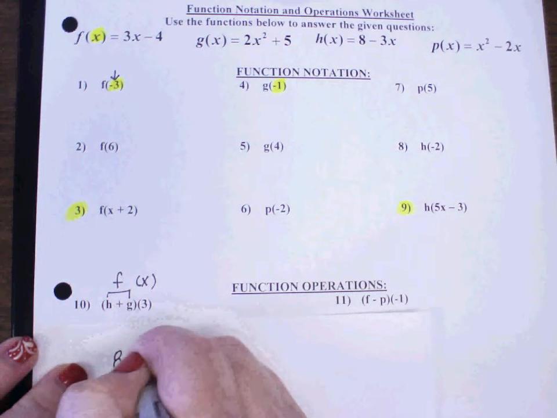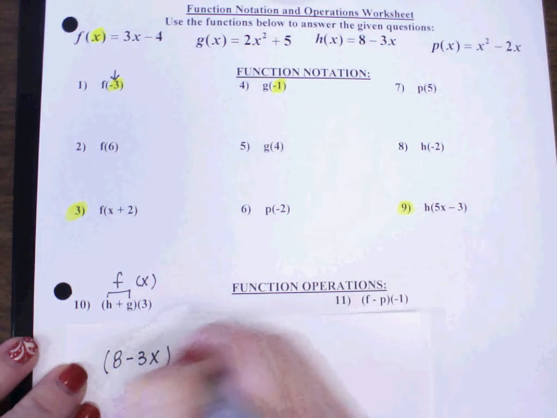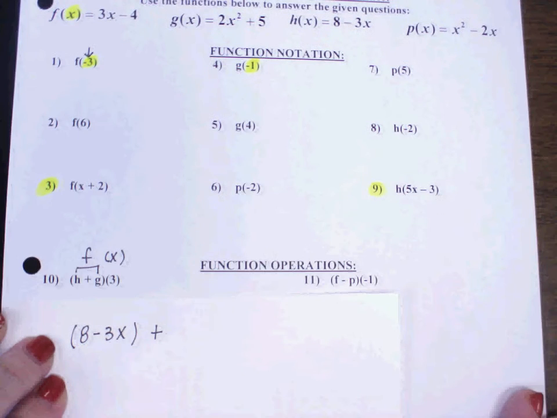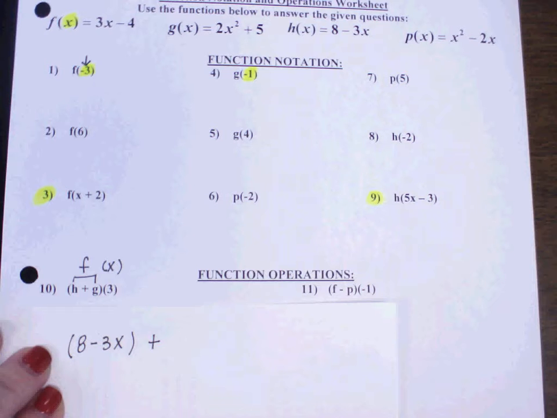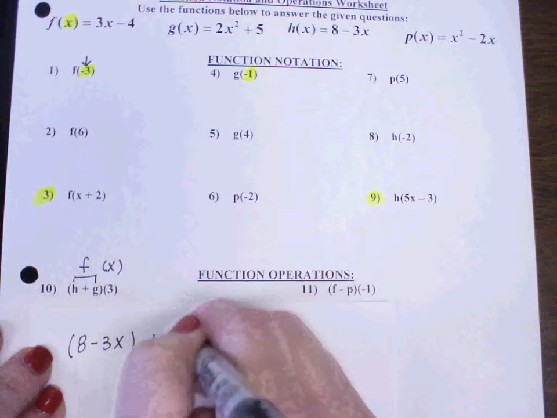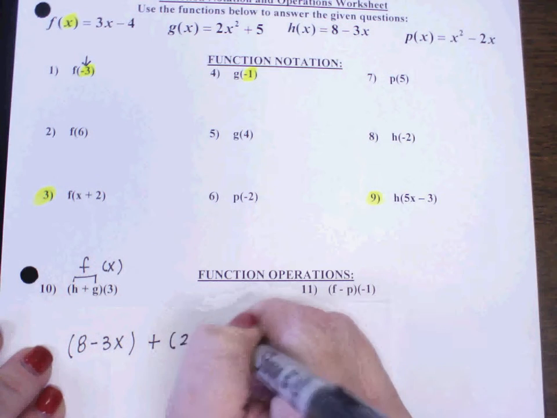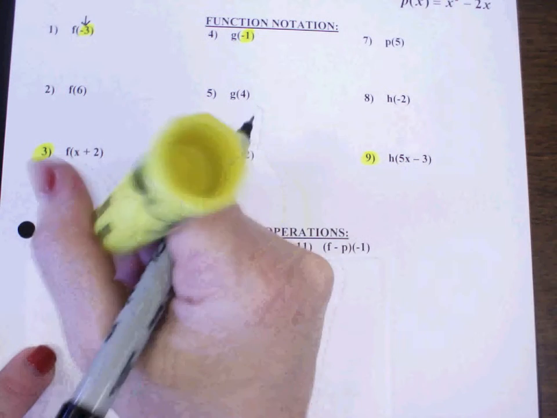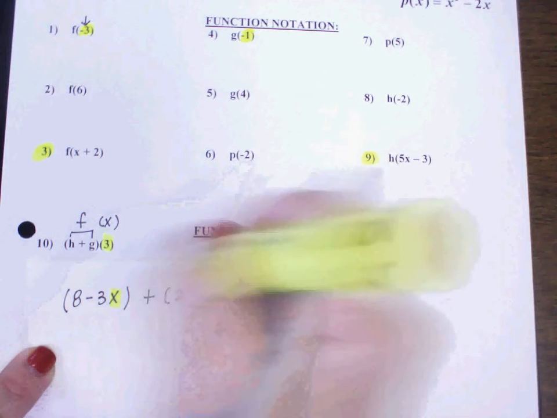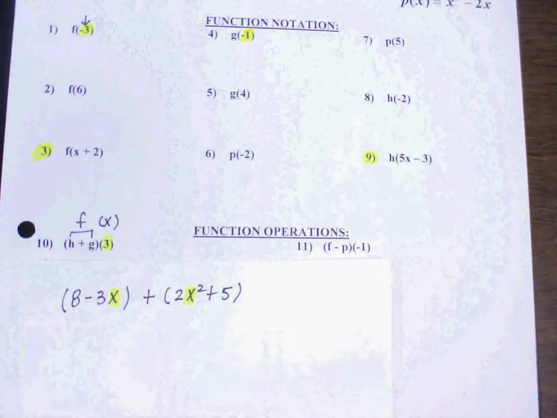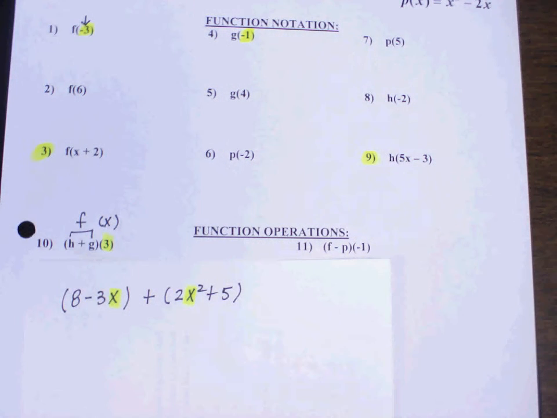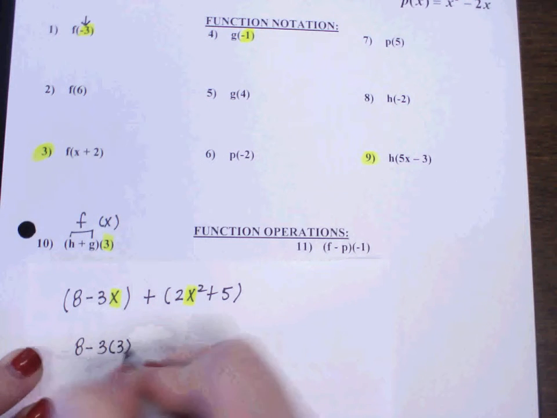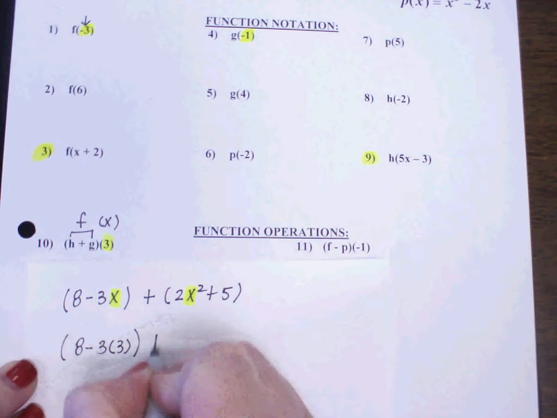And now that 3 needs to take place of all those x's that are there. So this is 8 minus 3 times 3 plus 2 times 3 squared plus 5. Oh, it's not a 2, it's a 3. Thank you. You can put it exactly like you have it on the calculator and it will give you the right answer.